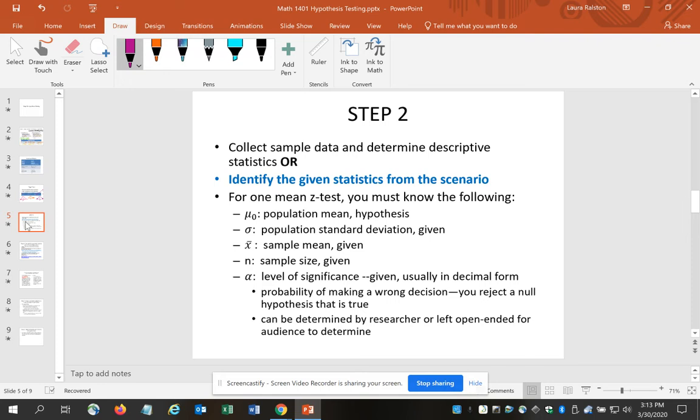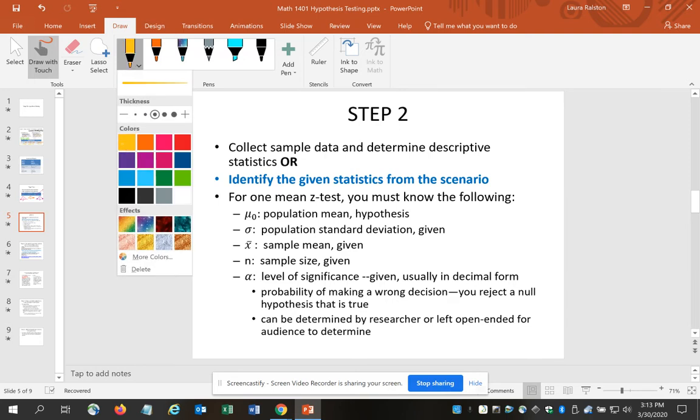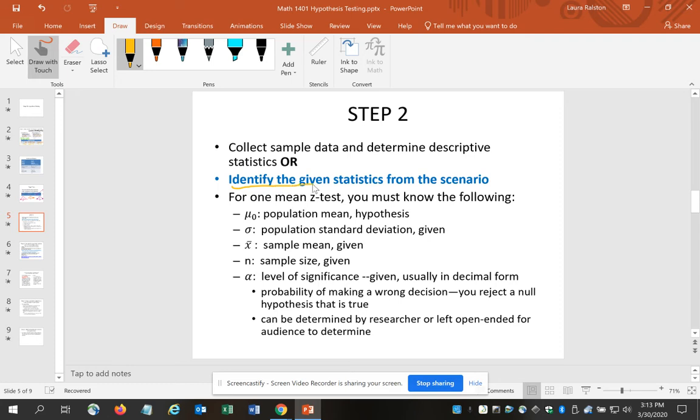But for our purposes, you're going to actually be given this information in the scenario. So you have to simply identify the information that you have in the scenario. So this may mean that you have to read your story or your scenario through several times. But typically, the information is given in such a way that it's reasonably obvious what value is what.